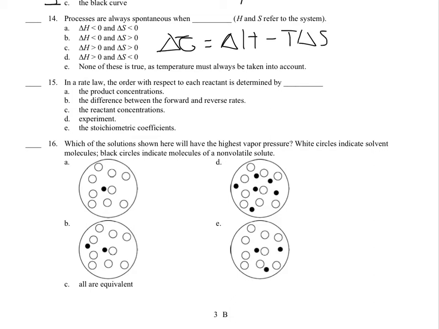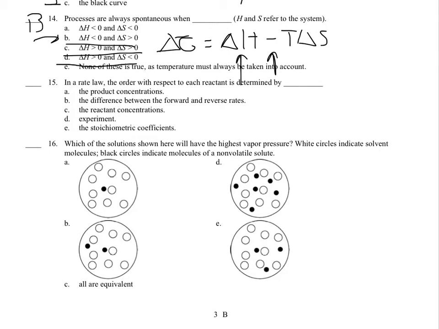And so delta H has to be negative, that's less than 0. The choices are when delta S is positive or delta S is negative. Because of this negative sign that's already there, the delta S needs to be positive, the increase in entropy of the system. And so the answer is B there.